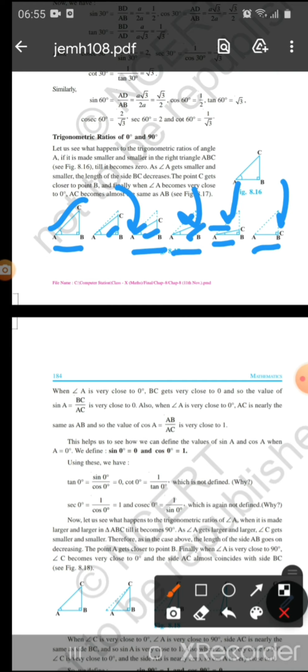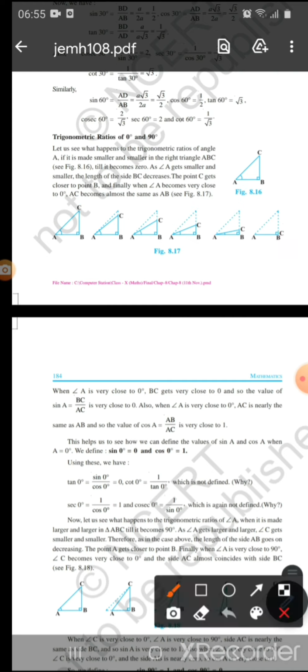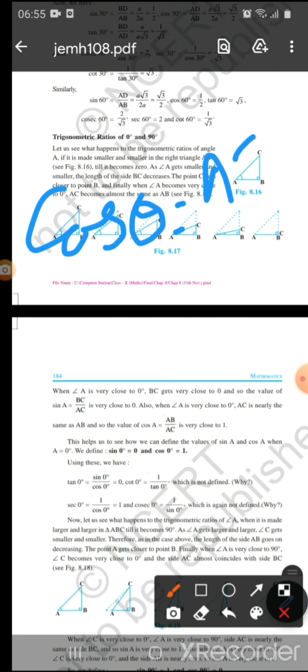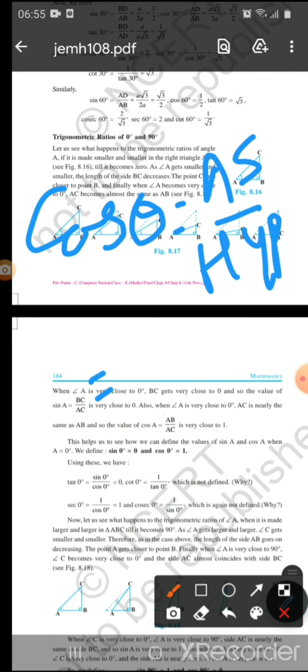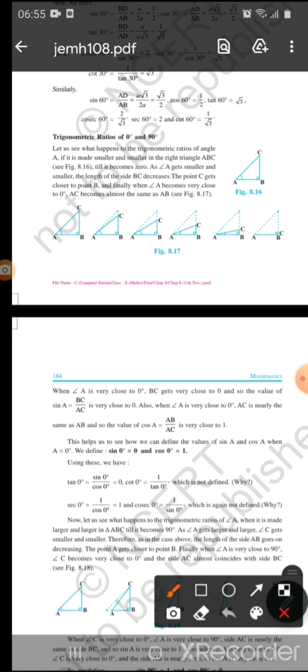So when I take the ratio cos theta equal to adjacent side upon hypotenuse, that is AB upon AC, now AB and AC have become equal. I can write AC upon AC equal to 1. This is how cos 0 comes.